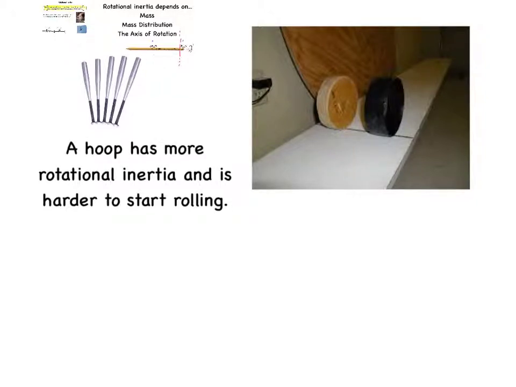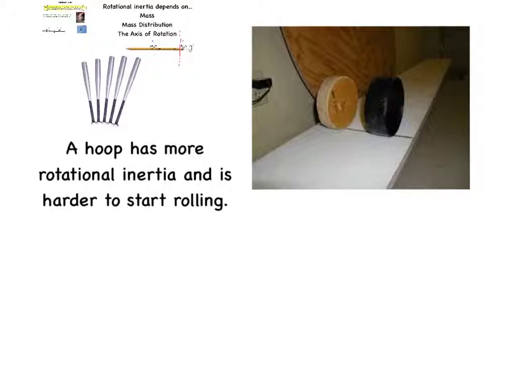Any solid cylinder will outroll any hoop on the same incline, regardless of whether they have the same mass or outer diameter. Now, this doesn't seem plausible at first, but remember that any two objects, regardless of their mass, will fall together when dropped. They will also slide together when released on an inclined plane.